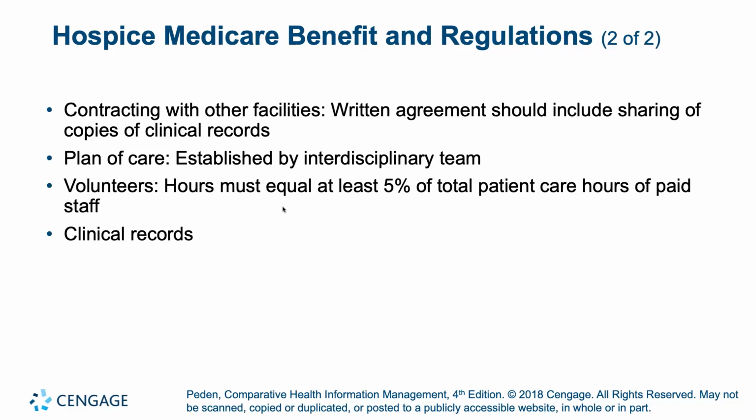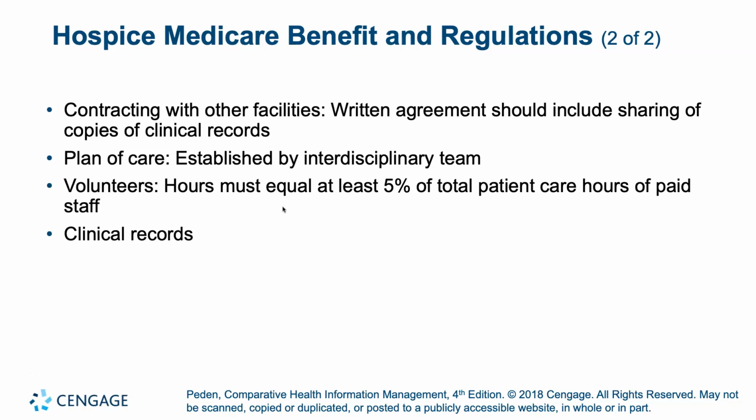Hospice volunteers, their hours have to be equal to at least 5% of total patient care hours of paid staff. This is a unique regulation in the conditions of participation. The COPs want to see that there are hospice volunteers. So when you look at administrative and patient care activities, those have to be 5% of the total patient care hours of paid employees and contract staff in patient care.